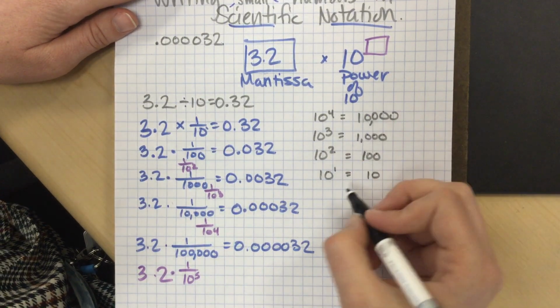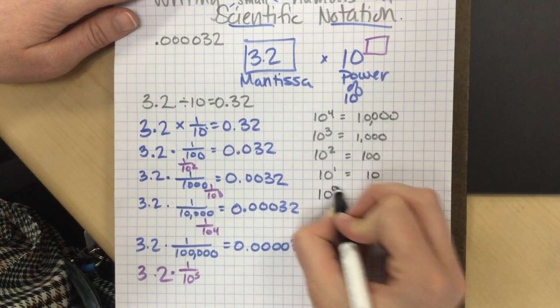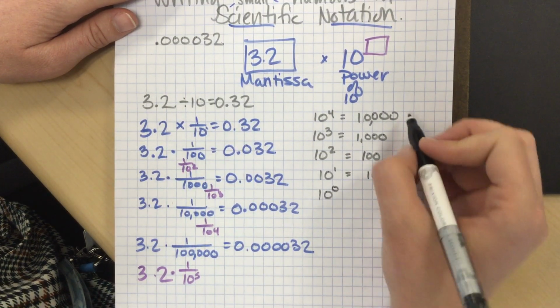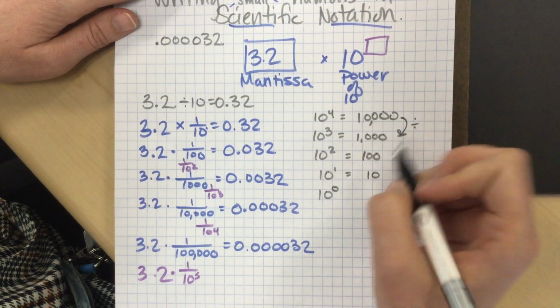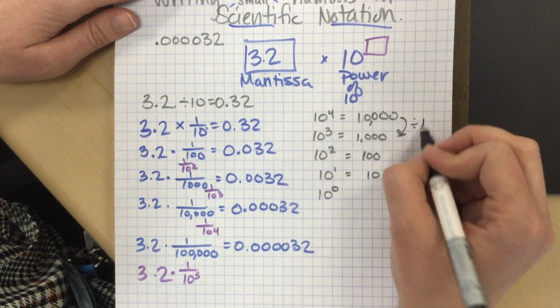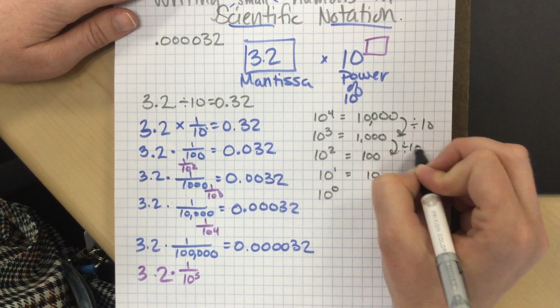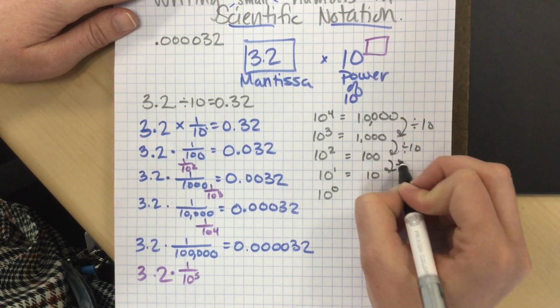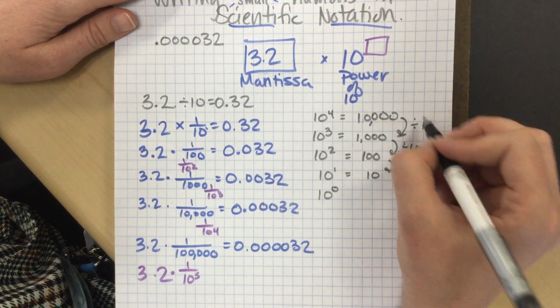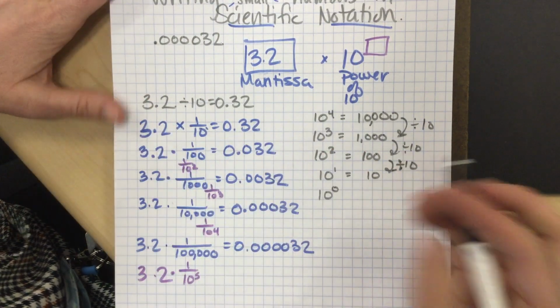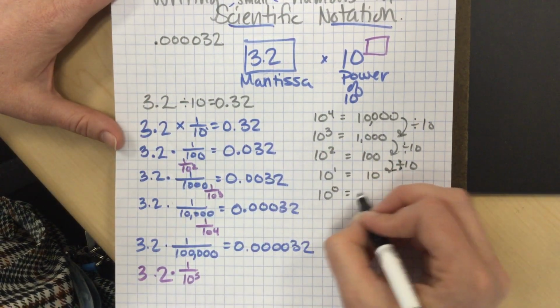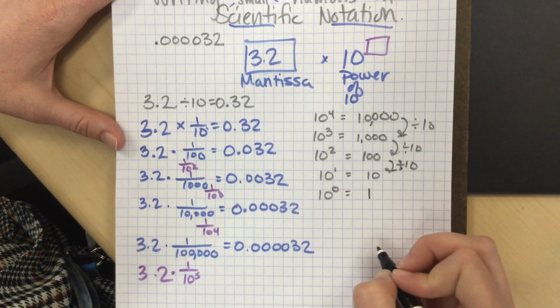If I continue this pattern, I now get 10 to the 0. As you can see, as I went up, I multiplied each by 10. As I'm going down, I'm dividing each by 10, which, like we said, is the same as multiplying by 1/10. So now 10 to the 0 power is actually 1.